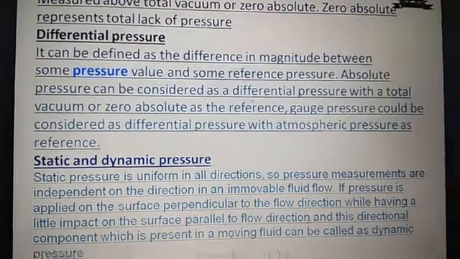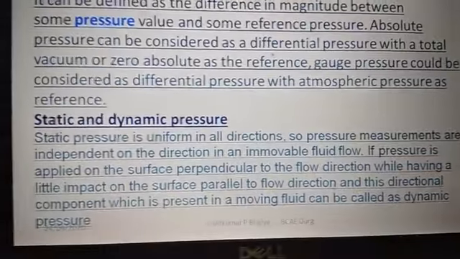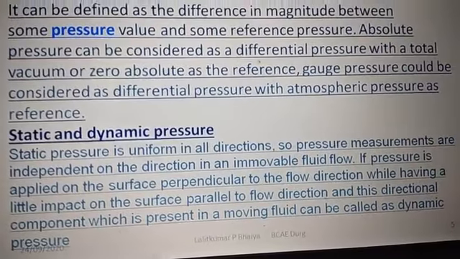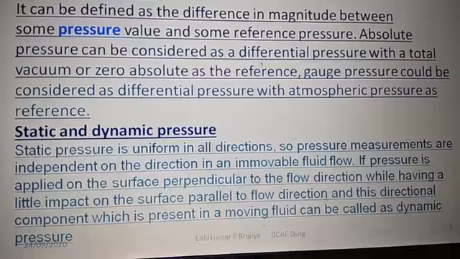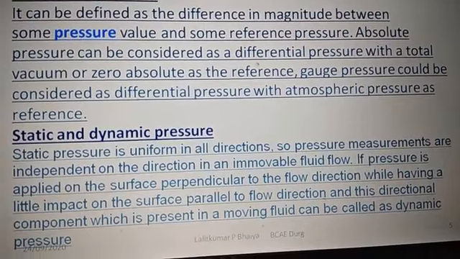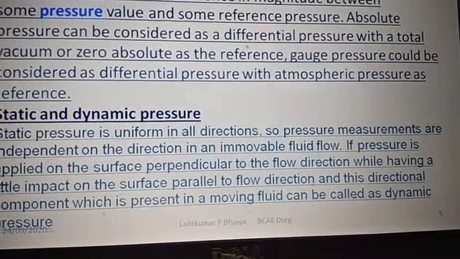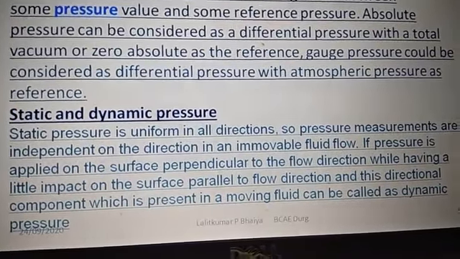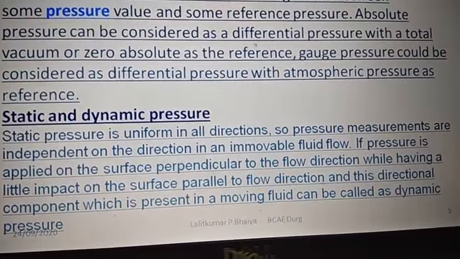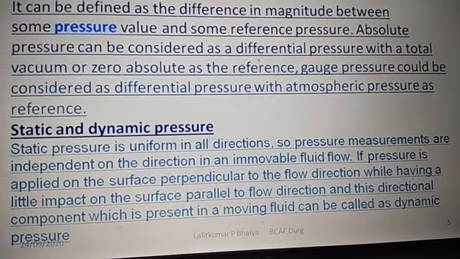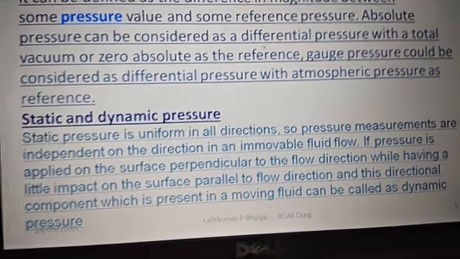Then static and dynamic pressure. Static pressure is uniform in all directions. So pressure measurements are independent of direction in an immovable fluid.